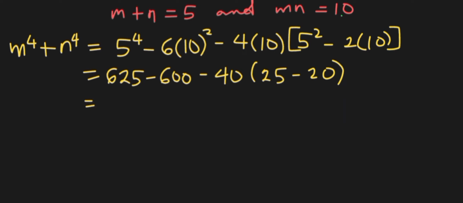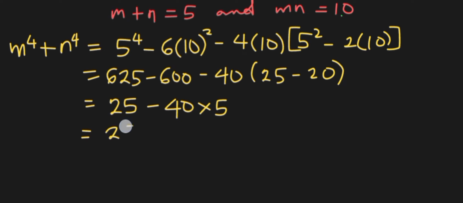Simplifying further, m raised to power 4 plus n raised to power 4 would be 25, that is 625 minus 600, minus 40 times 5 for 25 minus 20 in the bracket. This is 25 minus 200.